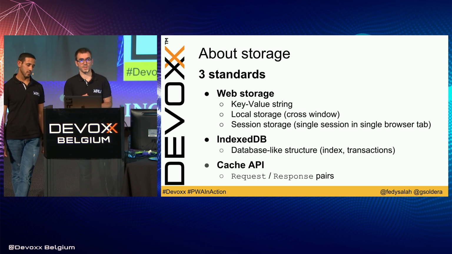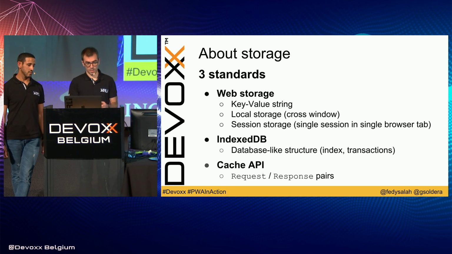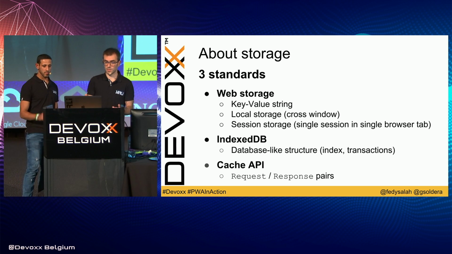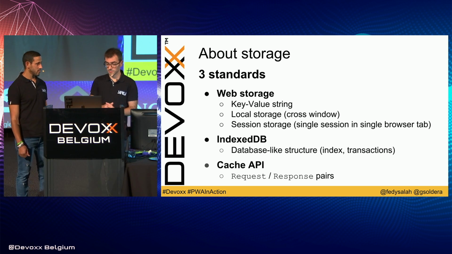It's a key-value string store, so you have the local storage or the session storage. You have the IndexedDB. It's newer than the previous storage. It's a database-like structure, so you have index or a transaction as in any DB.